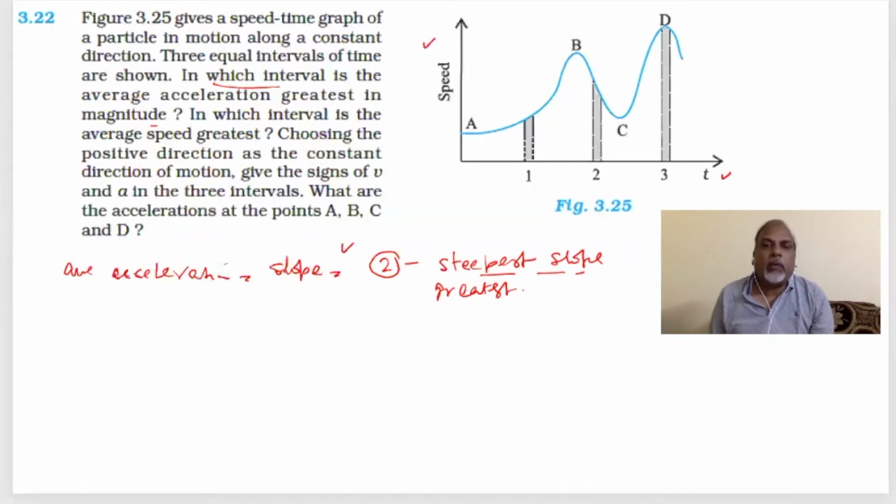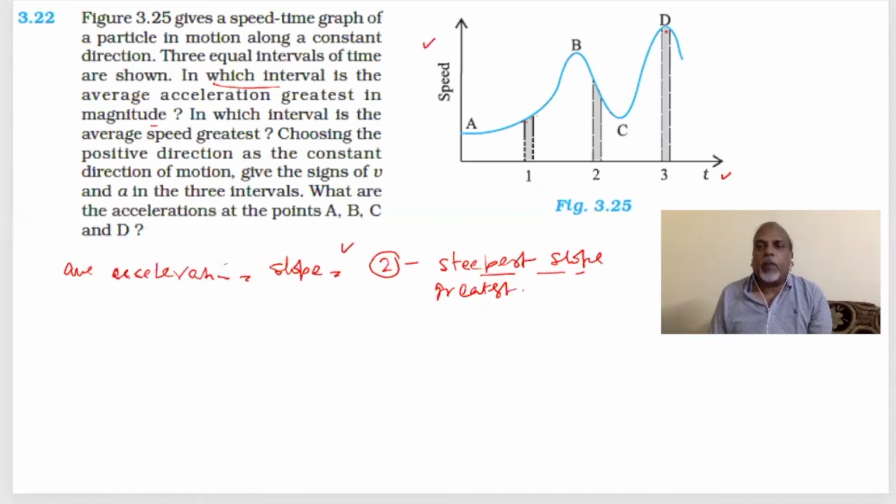One more thing. In which interval is the average speed greatest? So average speed, of course, this is a speed-time graph. The speed here is this, here is this, and here is this. Average speed is nothing but the average of the two points.